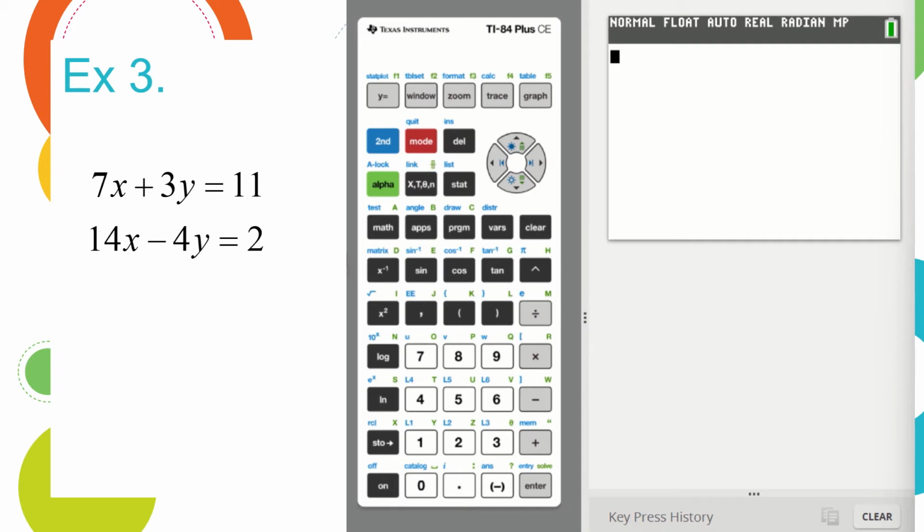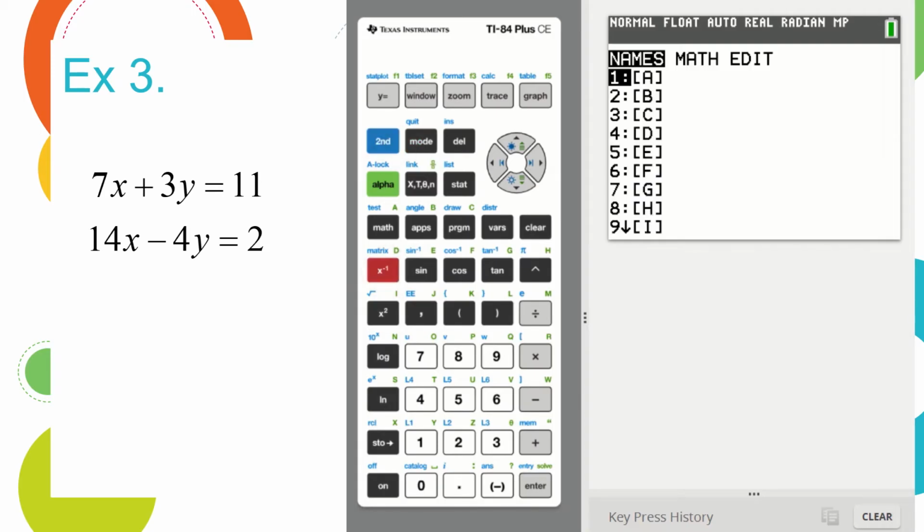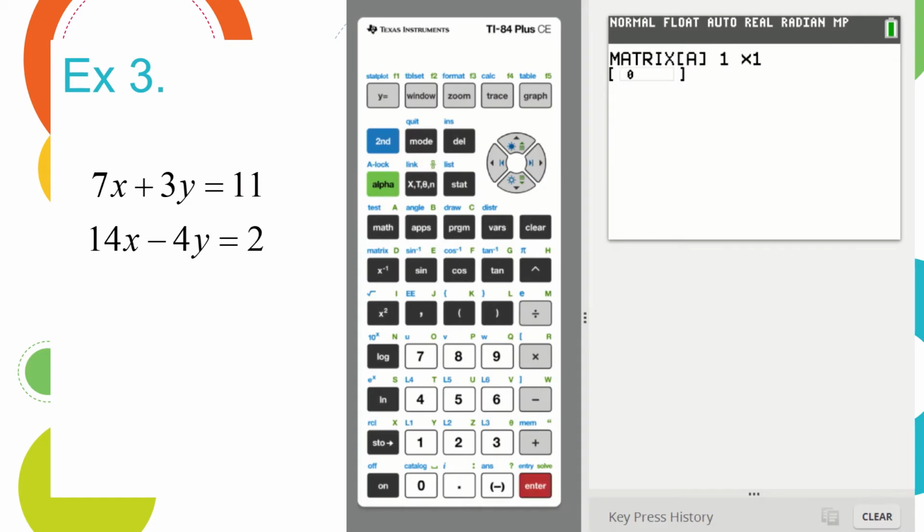All right, let's take a look at this example, and I'm going to strictly use a calculator this time, okay? So in my calculator, I need to first enter my coefficient matrix. Second matrix, I'm going to go over to edit, and I'm going to edit A. We're going to have a 2 by 2 matrix. And my coefficients are 7, 3, 14, and negative 4.